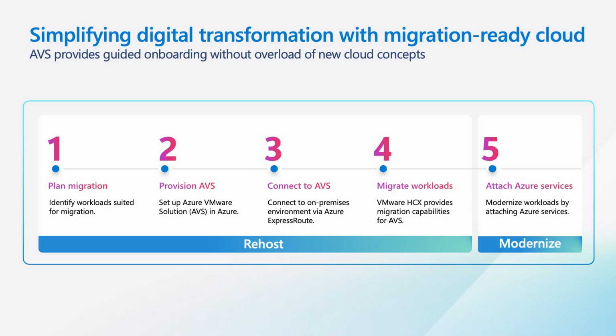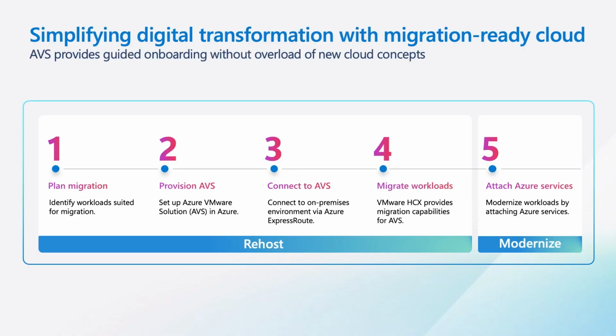So that's phase one. Once you have a good migration plan, we always recommend that as the starting point, you can provision AVS. This is setting up an Azure VMware Solution private cloud. We showed an example of that in the keynote. It's a pretty straightforward thing to do. Next, you want to connect to AVS, and you want to get your AVS environment connected to your on-premises network and/or data center.